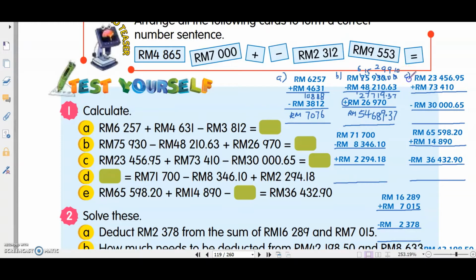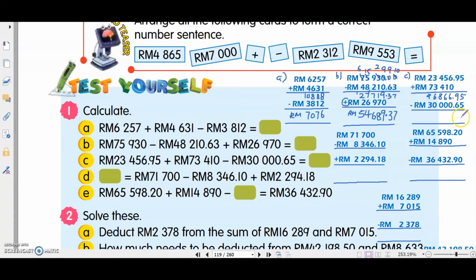C is over here. We plus first, then we minus. So we plus 5 plus nothing is 5. 9 plus nothing is 9. Decimal point. 6 plus 0 is 6. 5 plus 1 is 6. 4 plus 4 is 8. 3 plus 3, 6. 2 plus 7, 9.